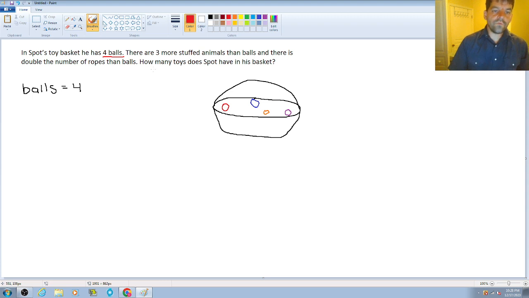There are 3 more stuffed animals than balls, and there is double the number of ropes than balls. So that gives me a lot of information. So I'm going to break apart that sentence. There are 3 more stuffed animals than balls. So that gives me a relationship between the number of stuffed animals and the number of balls in the basket.